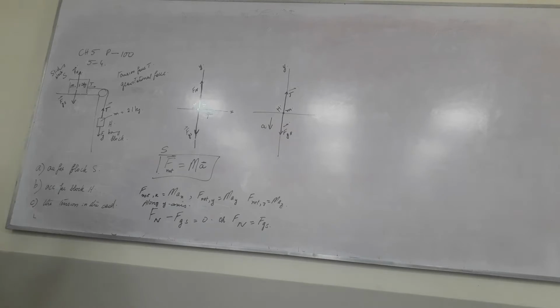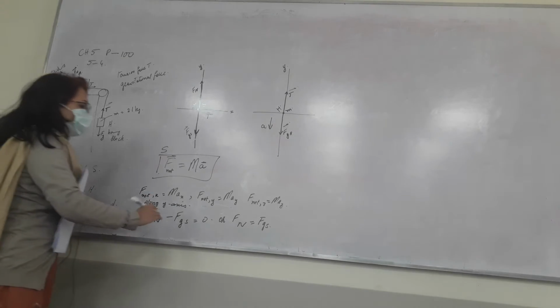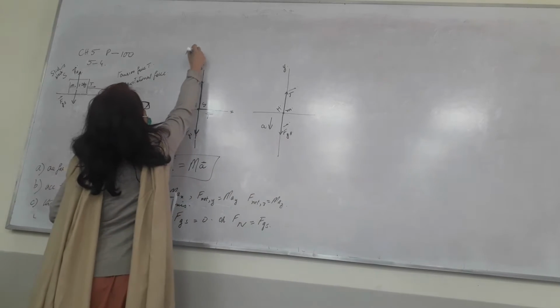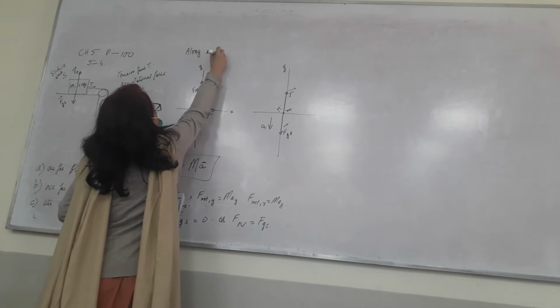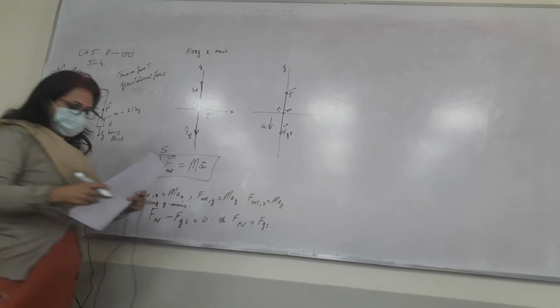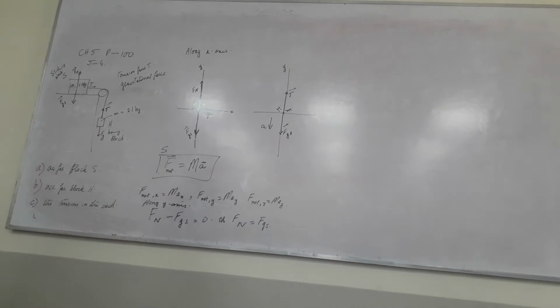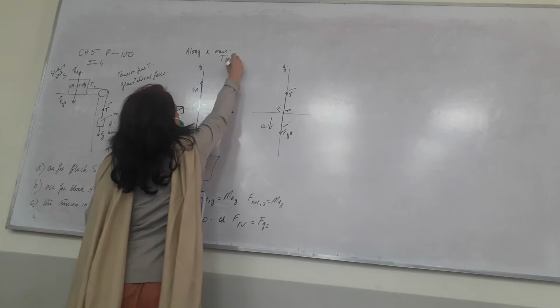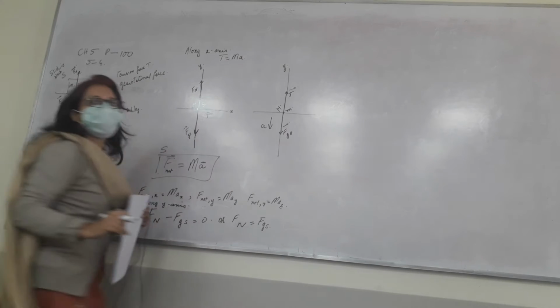This is along the y-axis. Along the x-axis, for this figure again, you have a force which is T, and according to Newton's laws, T should be equal to ma.